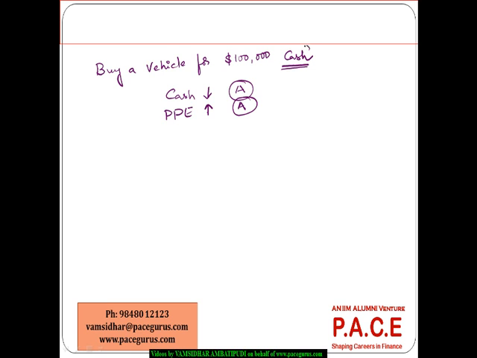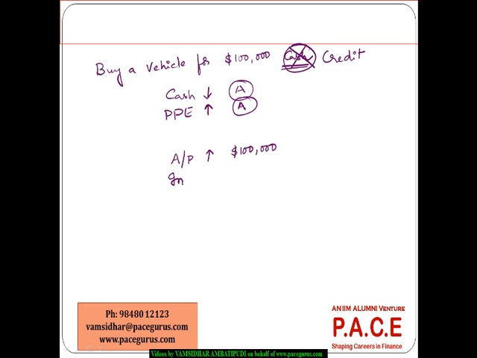But if, instead of cash, I say I have bought it on credit, then what could happen? Buy a vehicle for 100,000 on credit. I'm yet to pay, which means that's a liability for me. So my accounts payable will increase by 100,000 bucks because I'm yet to pay.